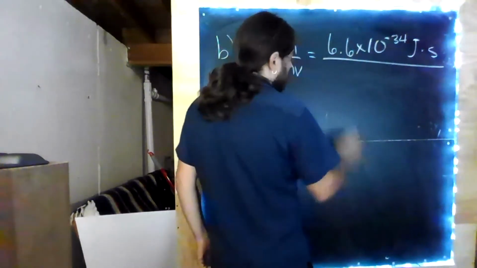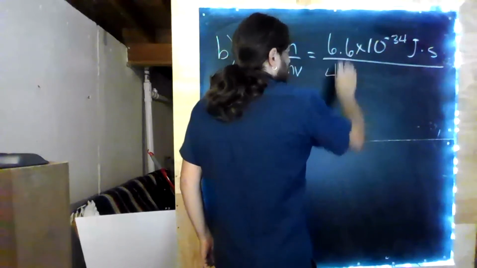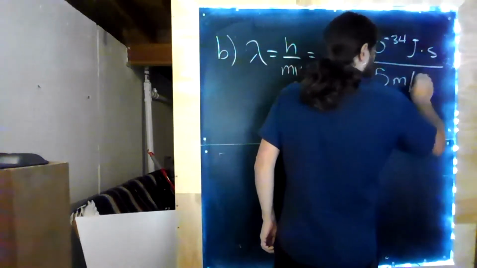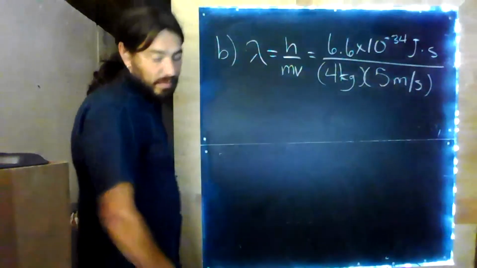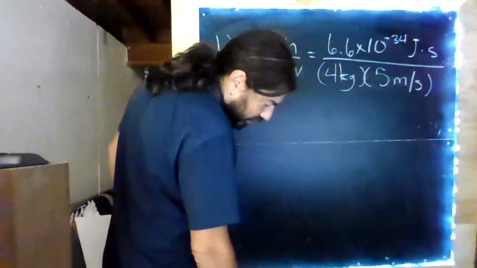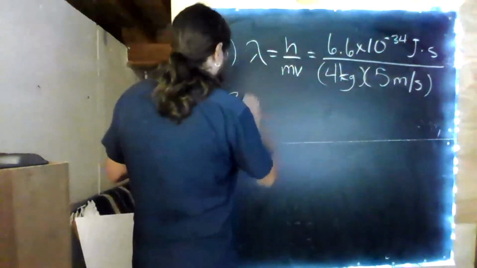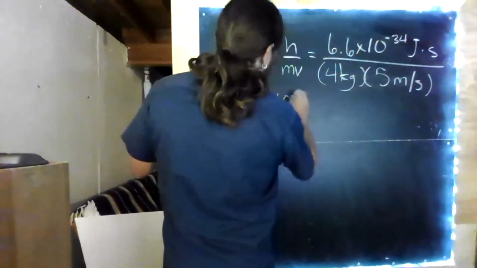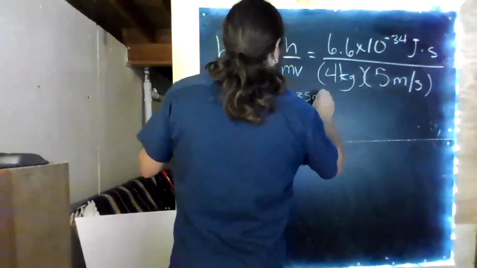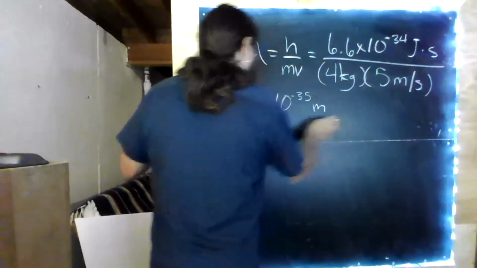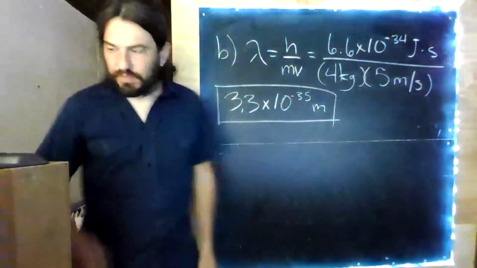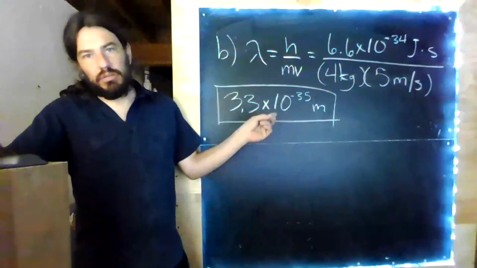The mass of my watermelon is 4 kilograms. The velocity is 5 meters per second. And you can see here that we're going to get a real small number out. And indeed we do. When I run my calculator, I get 3.3 times 10 to the negative 35 meters for the wavelength. So, that's small.